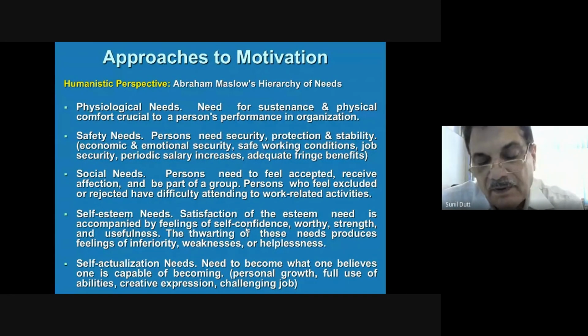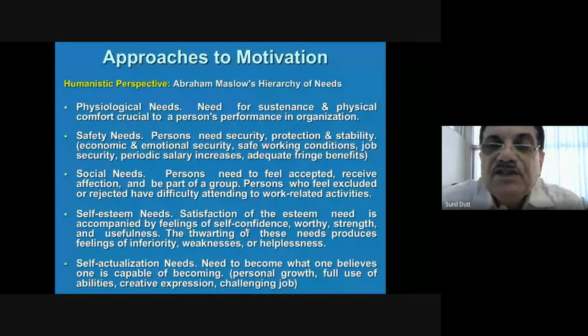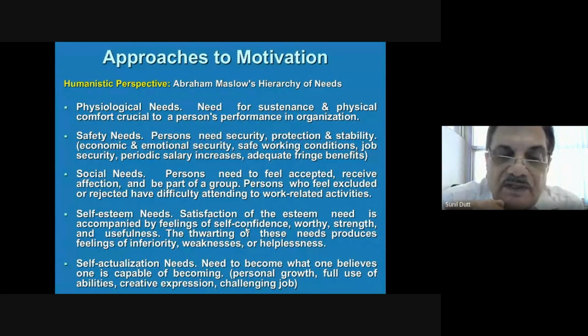If I ask you, have you reached self actualization? Those who have attained self actualization have become sportspersons, poets, musicians, and so on.